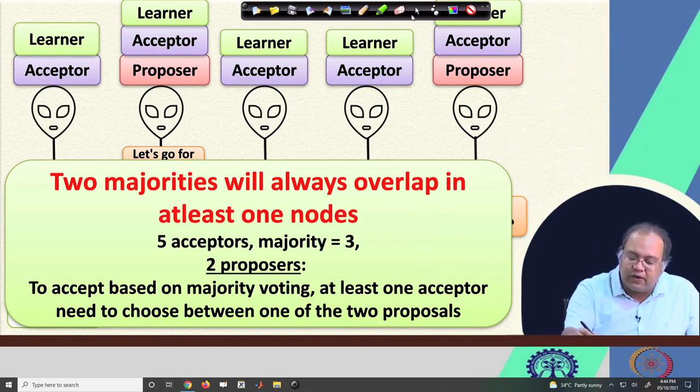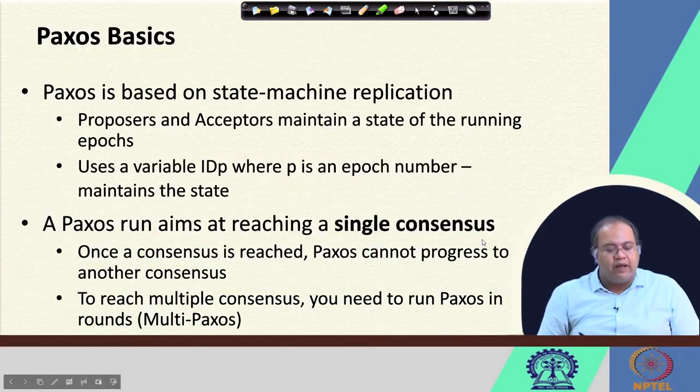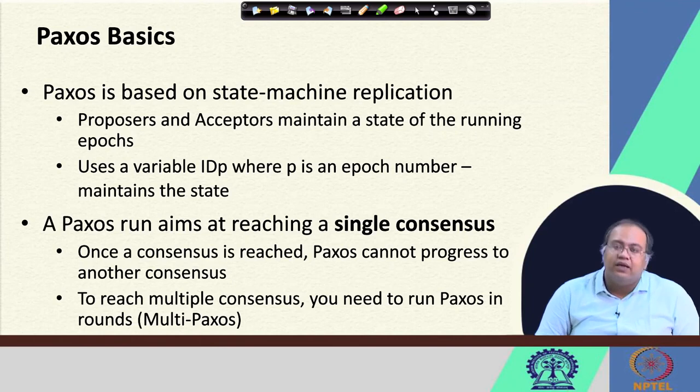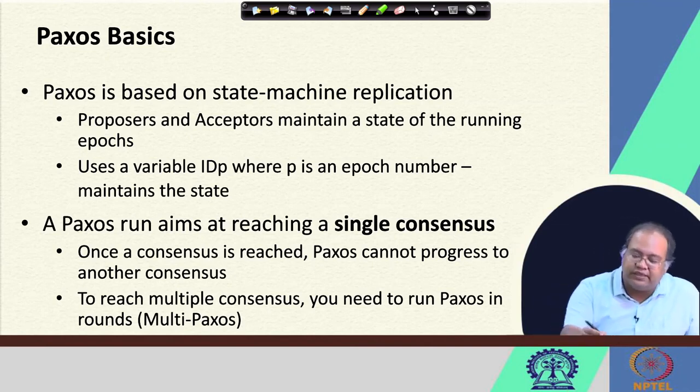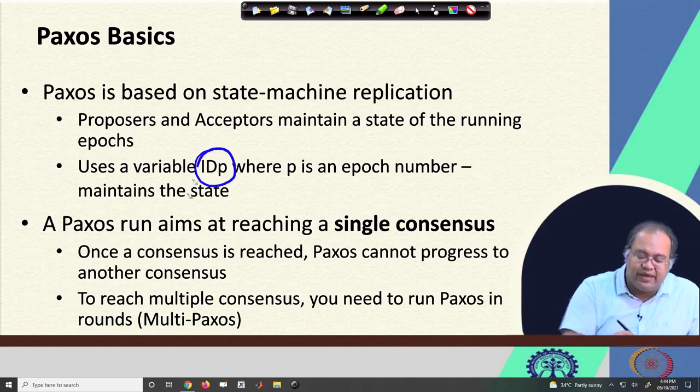Now, in this CFT consensus environment, let me look into how Paxos works. As I mentioned earlier, Paxos is based on state machine replication. So, these proposers and the acceptors maintain a state of the running epoch. What is meant by running epoch we are going to see later, but in summary, this epoch basically means one unique variable which is represented as IDp, where p is an epoch number.